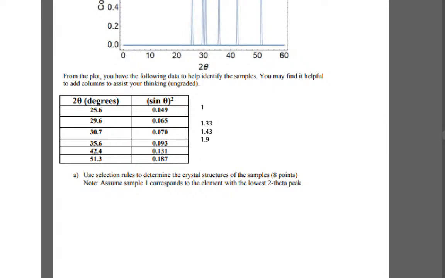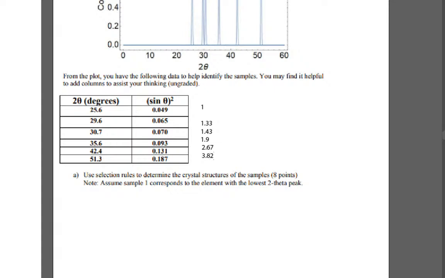And then after that, that's 131, that's 2.67. And then lastly, 187, 3.82.